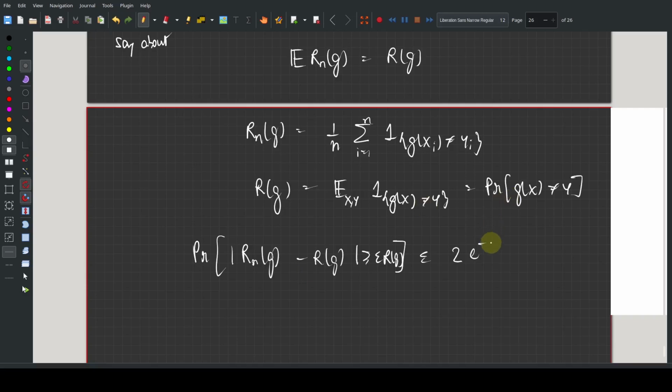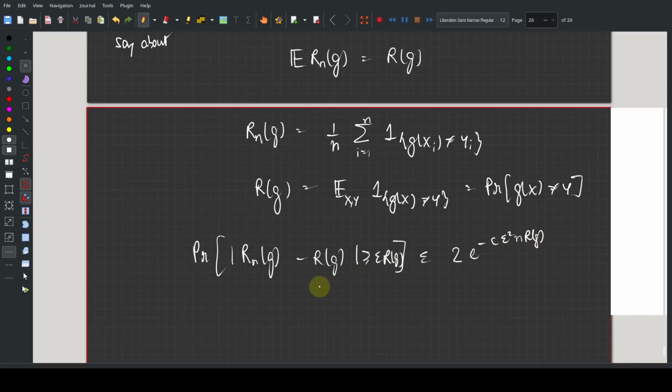Some constant times epsilon square R of g times n, because it's in the multiplicative form.